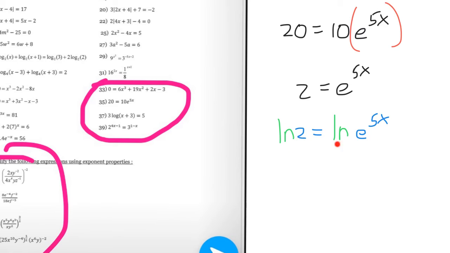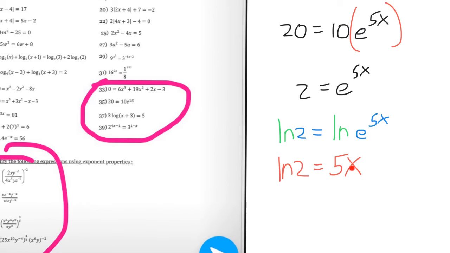Okay? Now, why would I want to do that? Well, one of the things you might remember from the properties of logarithms is that when you do ln e to the something, then you end up being able to just literally have that something represented on that side, and then we have ln 2.